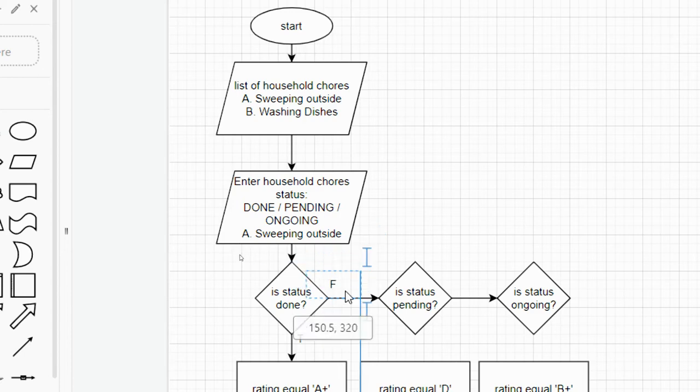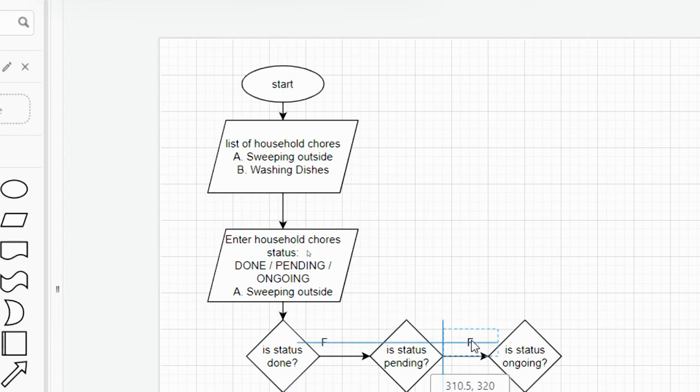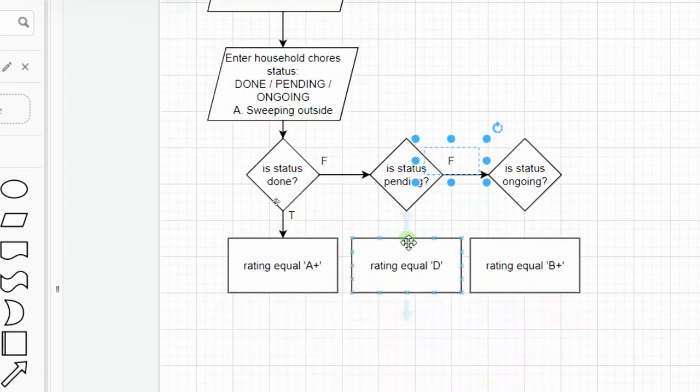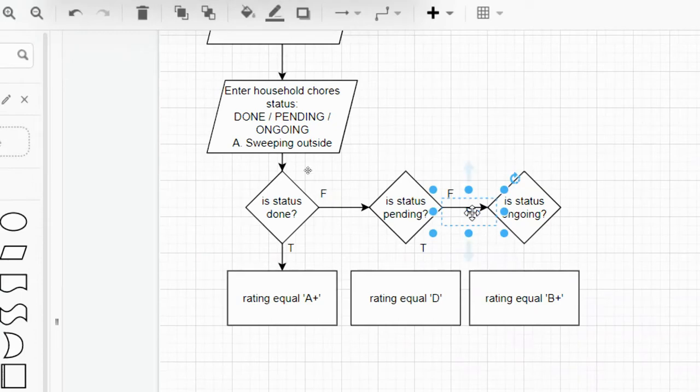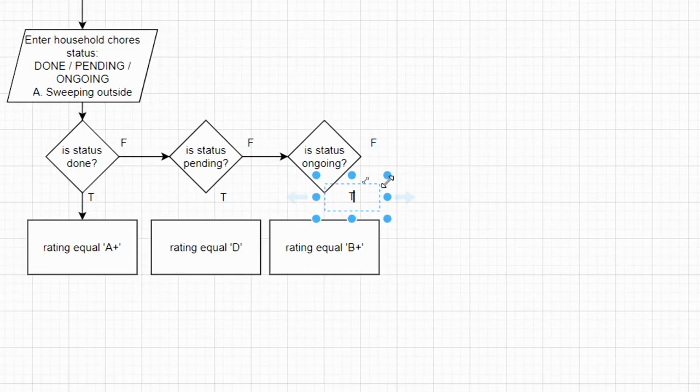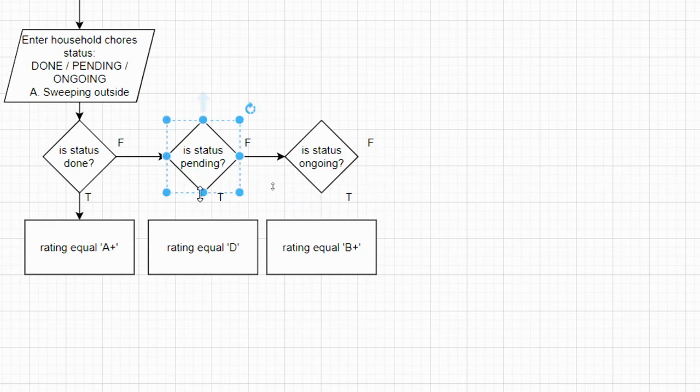Then we connect these. So if status is pending, the rating is letter D. If status is ongoing, then the rating would be B+.